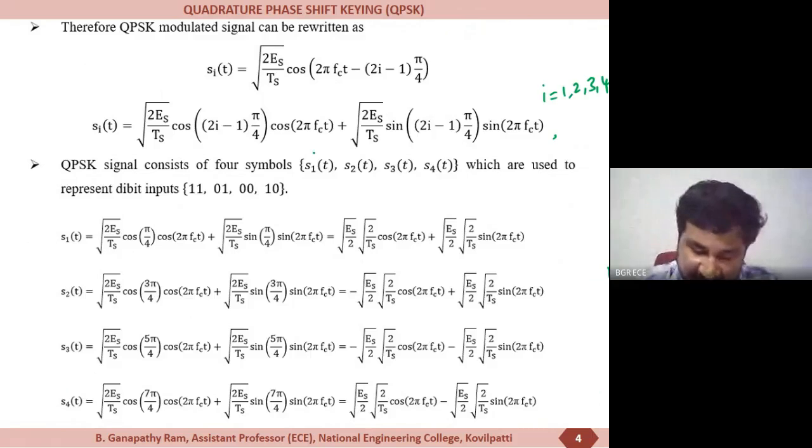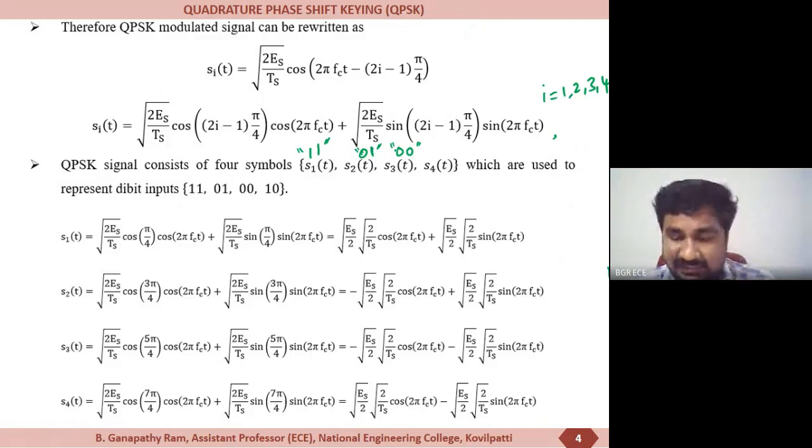The S1 of t is used to represent the binary dibit data 1 1 and S2 of t is used to represent the dibit 0 1 and S3 of t is used to represent the dibit data 0 0 and S4 of t is used to represent the dibit data 1 0.